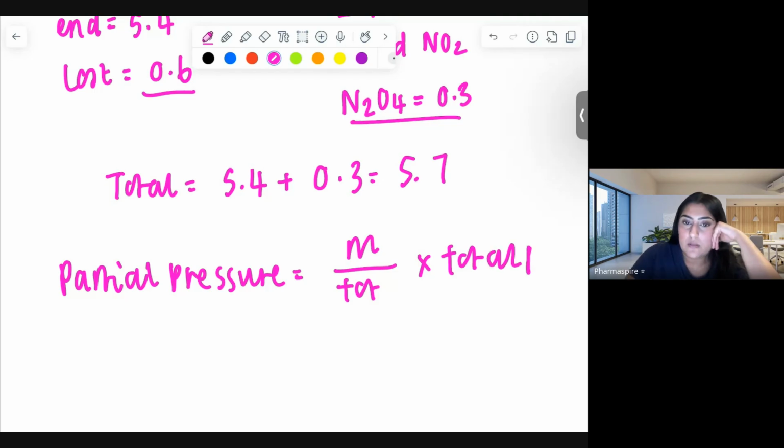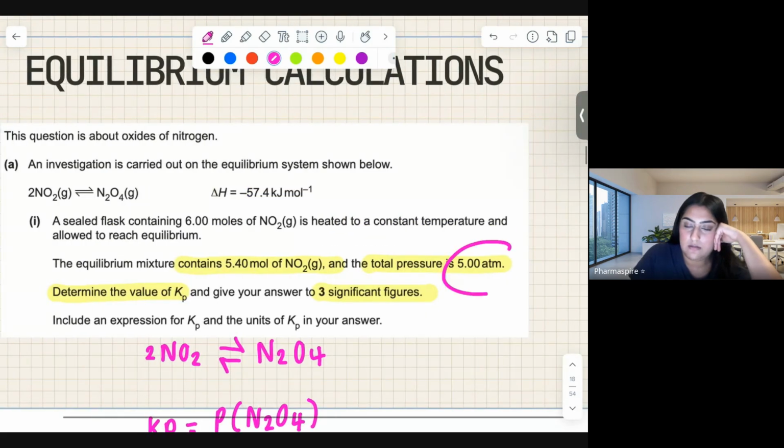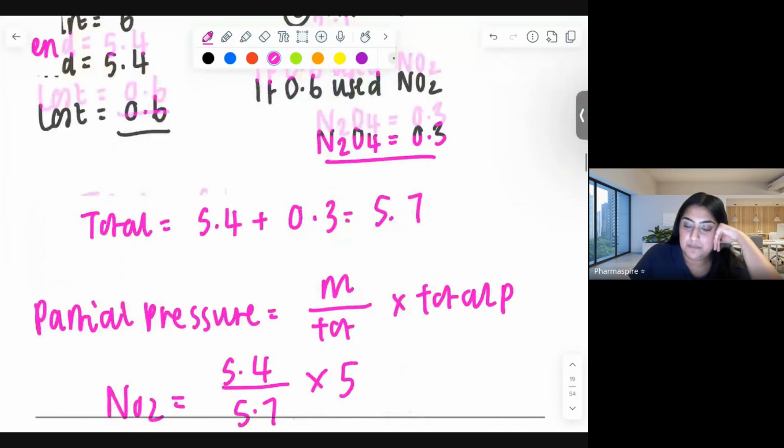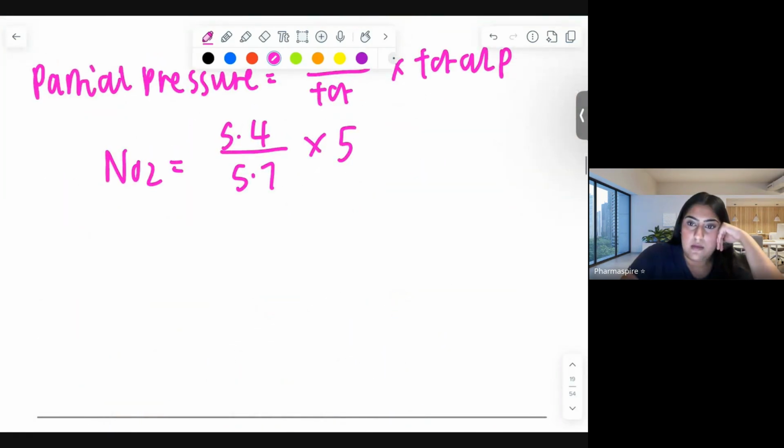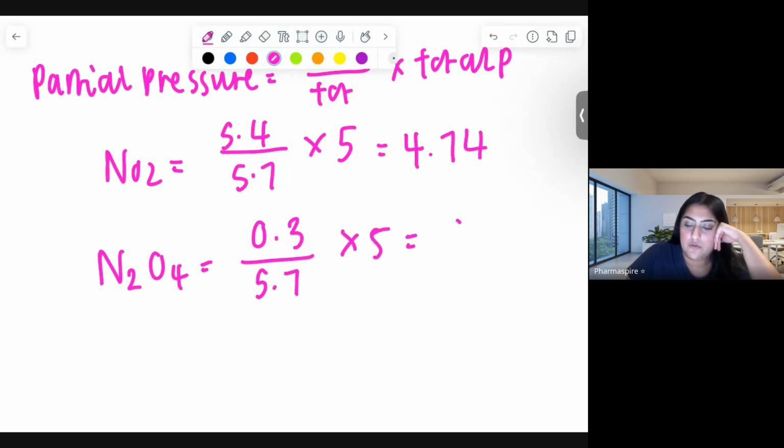So for NO2, I can do 5.4 over 5.7 times 5, because that's the total pressure in the question. And then you get 4.74. For N2O4, you do it again, 0.3 over 5.7 times 5, and you get 0.263. I think that's what they want.